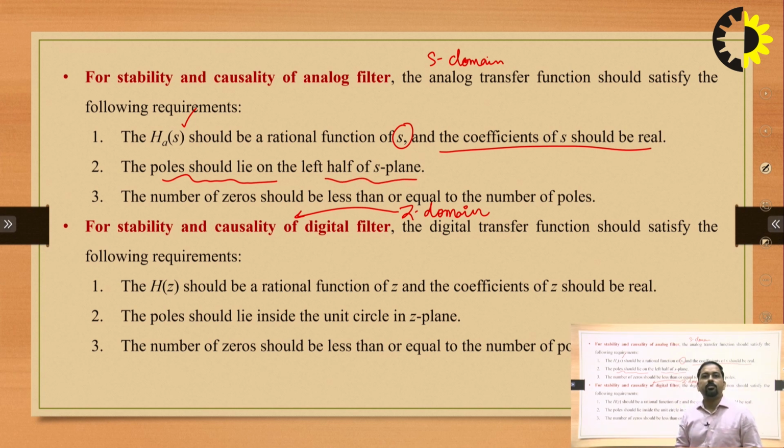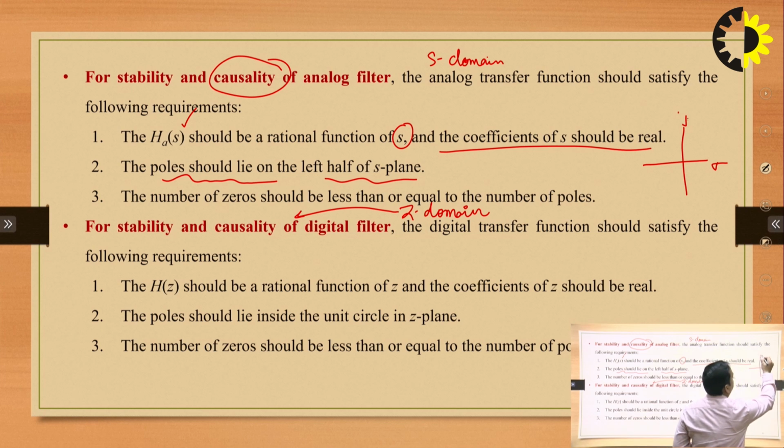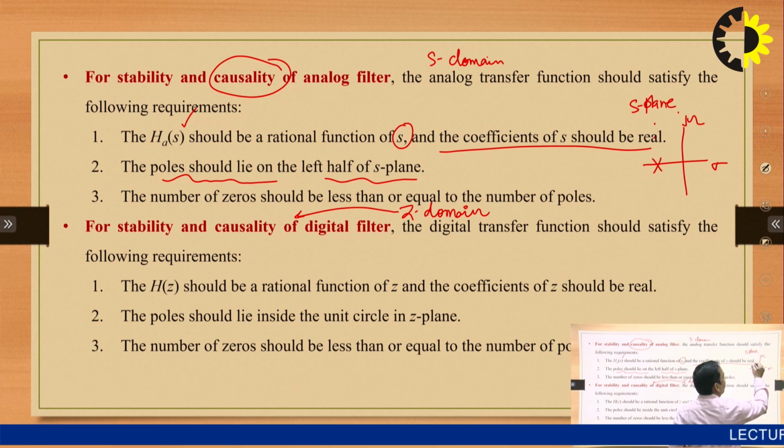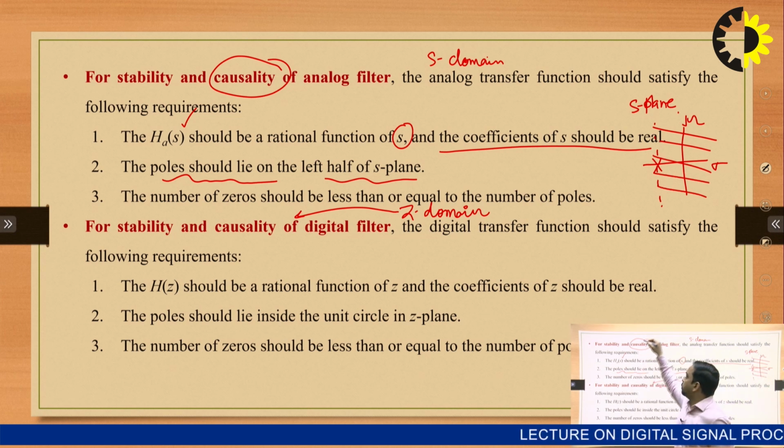Again, it is a condition for stability, because we already have a causal system here. If the poles are lying in the left hand side of the S plane, we can understand it like this: if we have sigma and j omega axes, this is the S plane, and the poles lie in the left half, so the ROC will be something like this because the system is also causal.